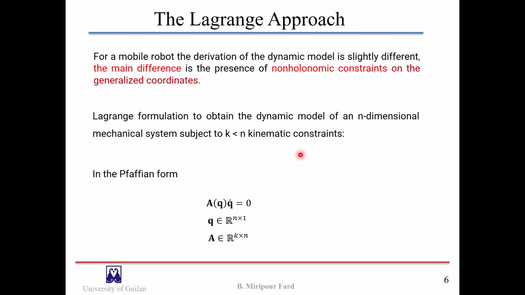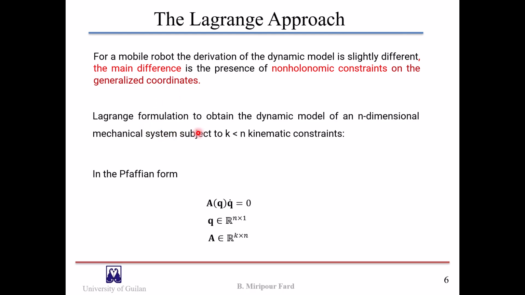In the previous example, we were dealing with a simple particle that was free to move. For a mobile robot, derivation of the dynamic model is slightly different. The main difference is the presence of non-holonomic constraints on the generalized coordinates.